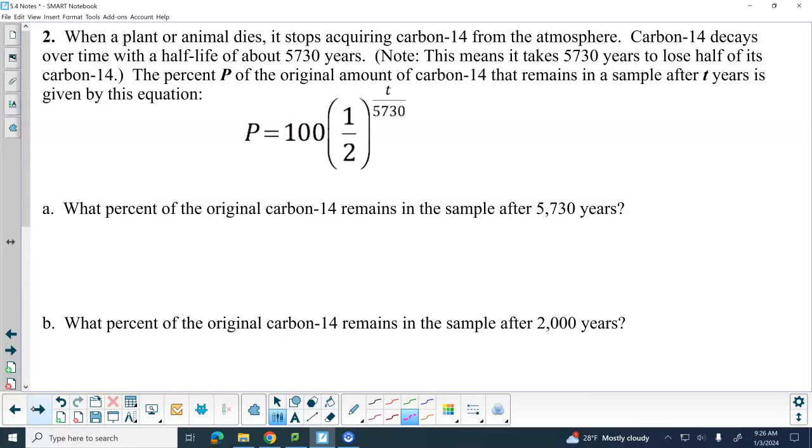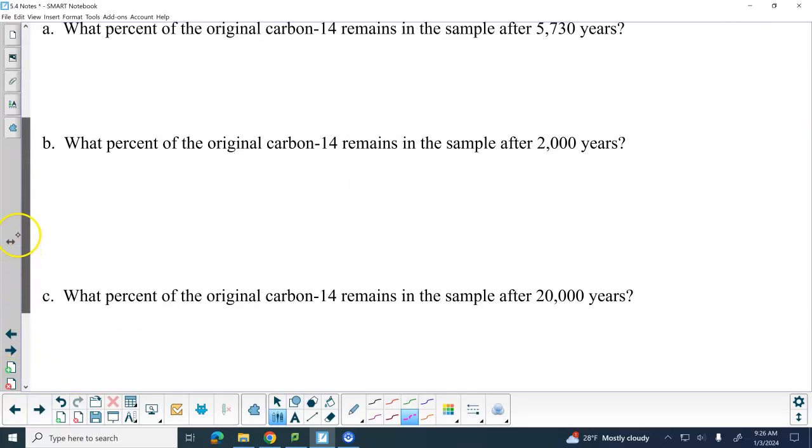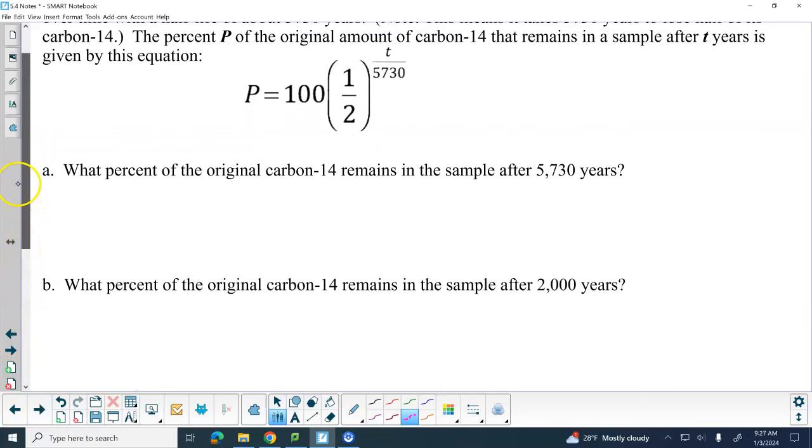P equals 100 times 1/2 to the T over 5,730. Okay? Mr. Roth wrote that equation up on the sideboard for you, so that we can scroll down and get the, I think it's 4 questions. All right, so we'll do 2 questions at a time.